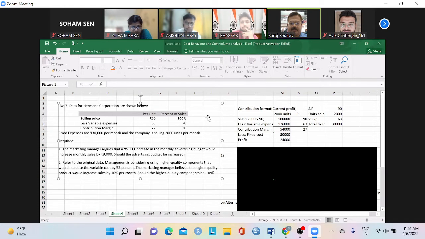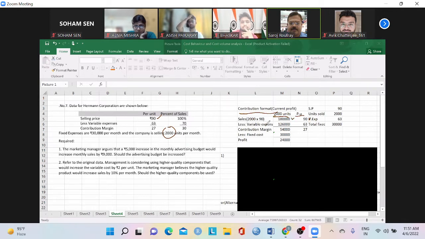With this information, we first want to prepare the income statement with the existing profit figure. So we prepared this contribution format income statement with 2,000 units of sales. Here, total 2,000 units and then per unit. Sales 90 into 2,000, that is 1,80,000.